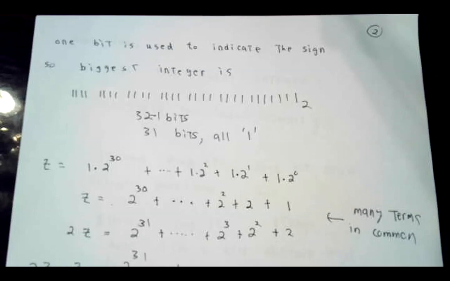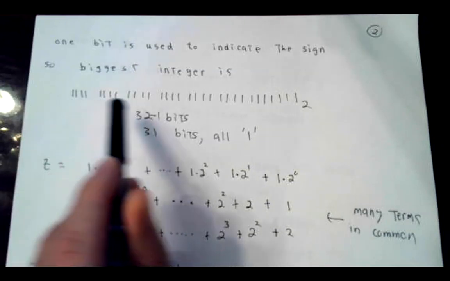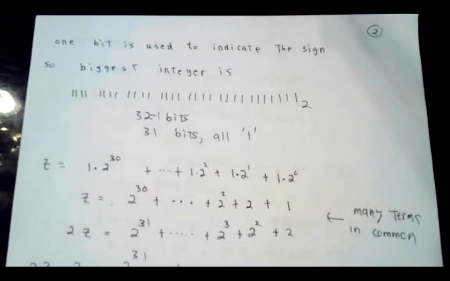So 1 bit out of the 32 is assigned to indicate whether the integer is positive or negative. That leaves you with 31 bits. So in the kind of setup that we're looking at, the largest integer is a string of 31 ones in base 2.